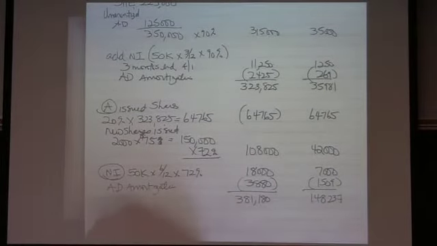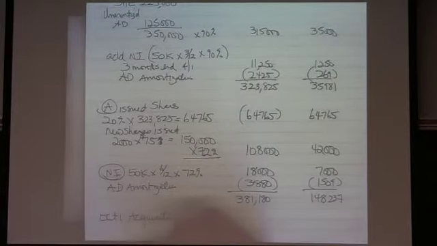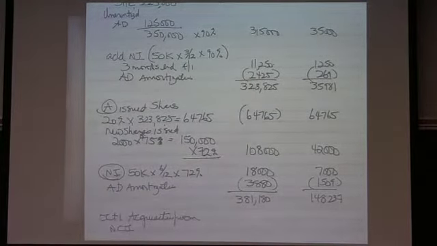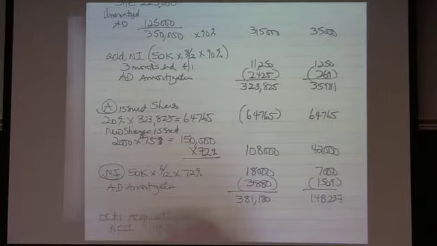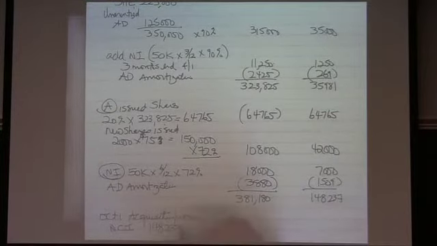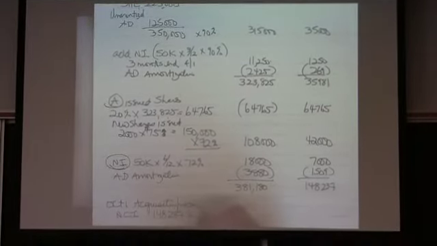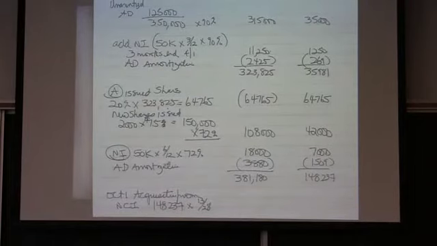Now, October 1st, we acquired, right? So we have an acquisition from non-controlling interest. So it's 148,237 times 13 over 28%.